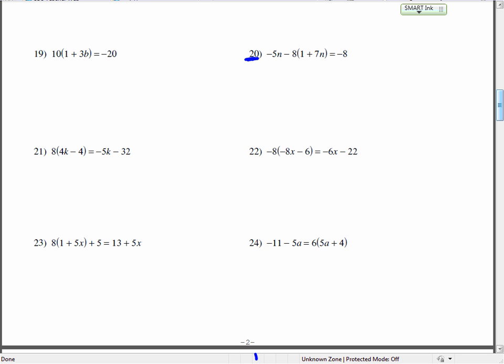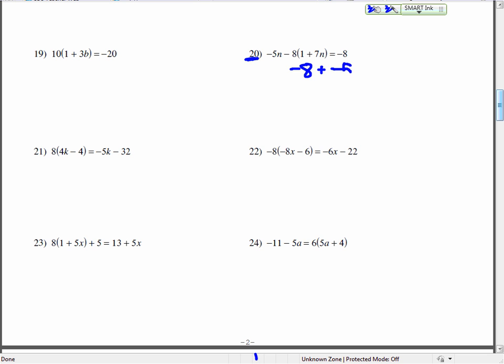What we're working on now is negative 5n minus 8 times parentheses 1 plus 7n equals negative 8. I'm going to write it down on this board while Kevin is doing it on the smart board. So it's negative 5n minus 8 times parentheses 1 plus 7n equals negative 8. That's what we're working on.